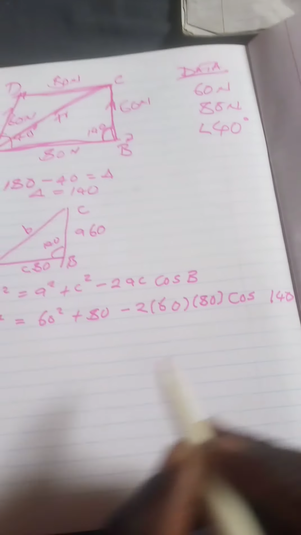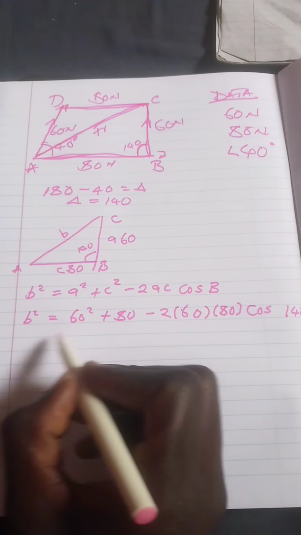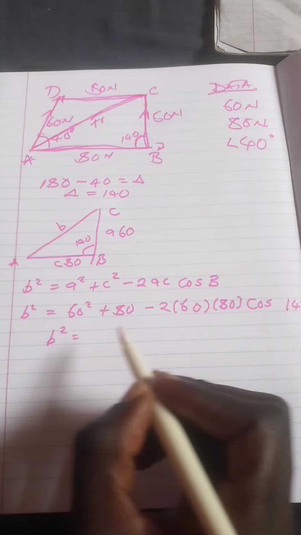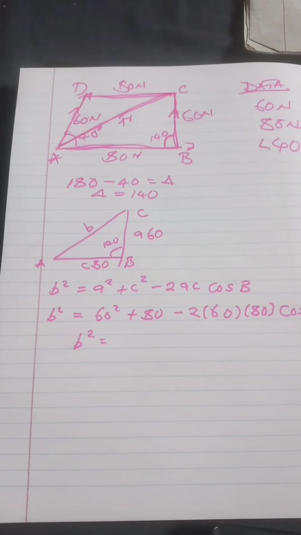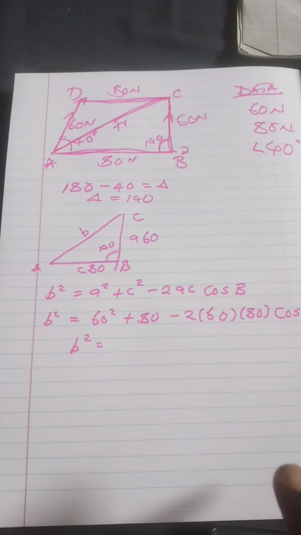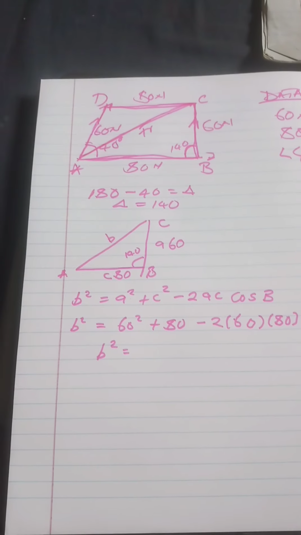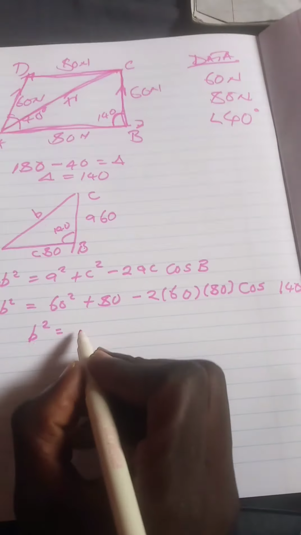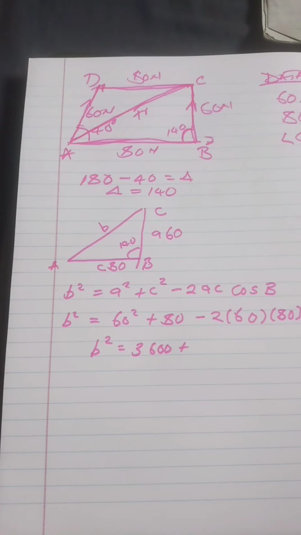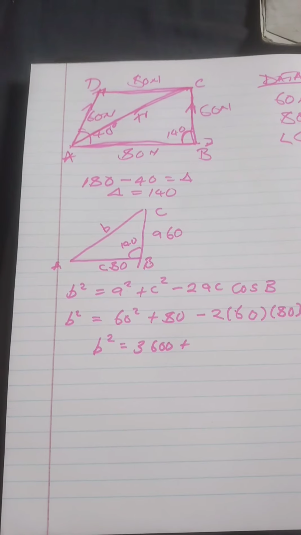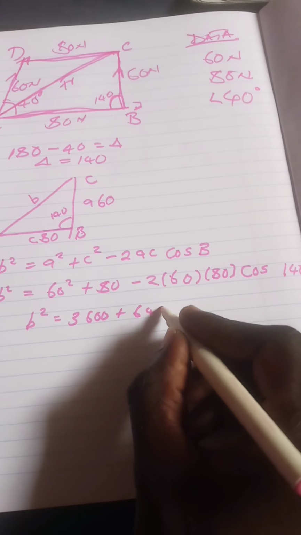Let me stretch the camera a little bit. Okay, yeah. So if we solve this, b squared is equal to 60 squared. If you get your calculator, 60 squared you get 3600, plus 80 squared is 6400.